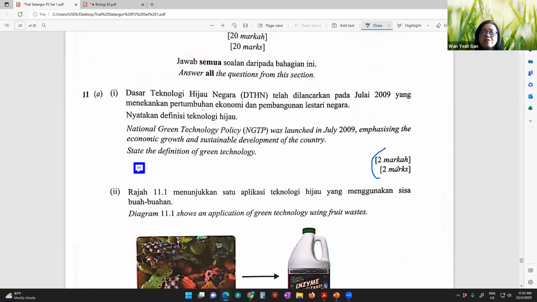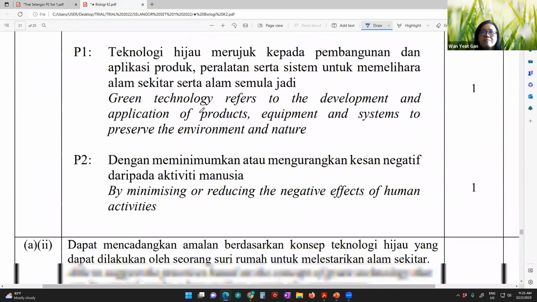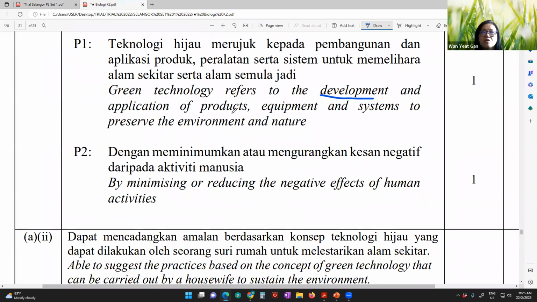Now the meaning of green technology is you must state it refers to development or application of product, equipment, and system.